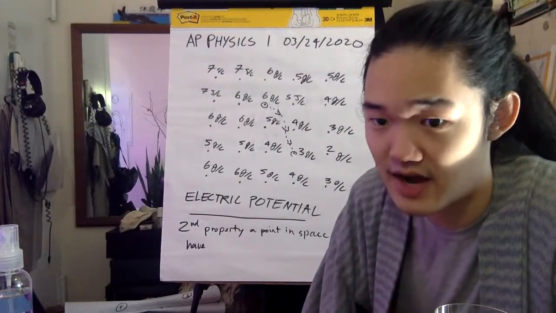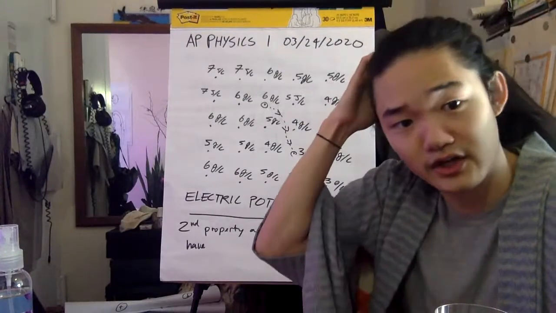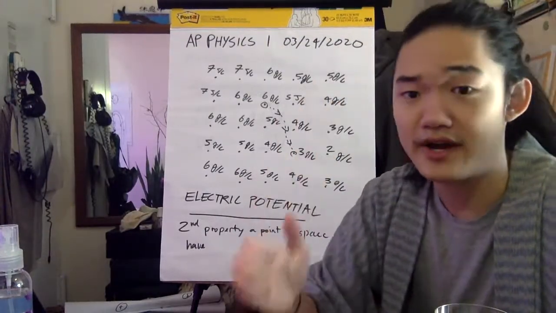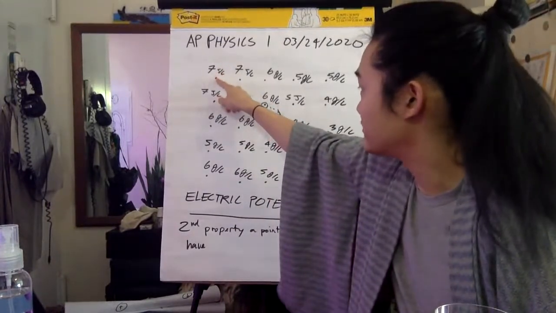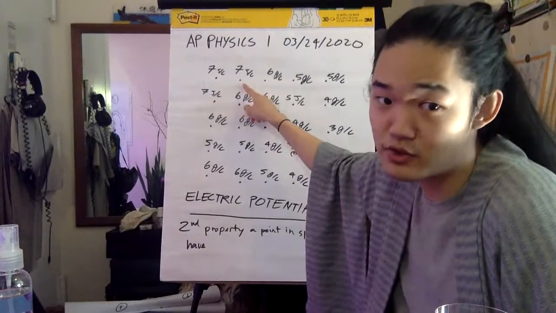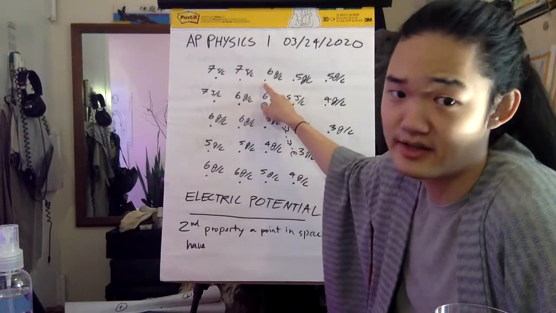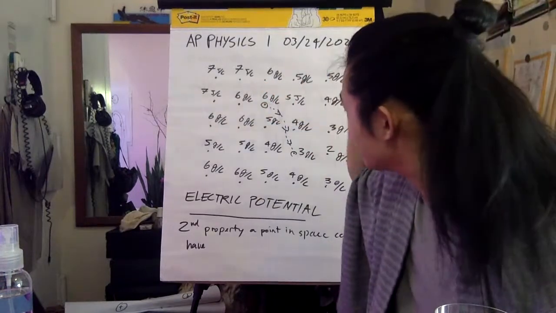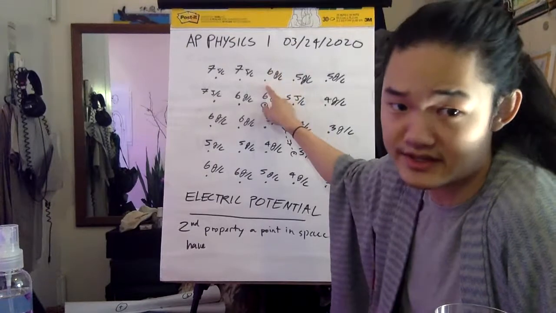Jacqueline asks, does an object have to be charged to have electric potential? All right, let me make this really clear. Objects do not have electric potential. This is not a 7 joules per coulomb object. This is not a 6 joule per coulomb object. What I'm saying is this is a point in space, and the electric potential value here is 6.